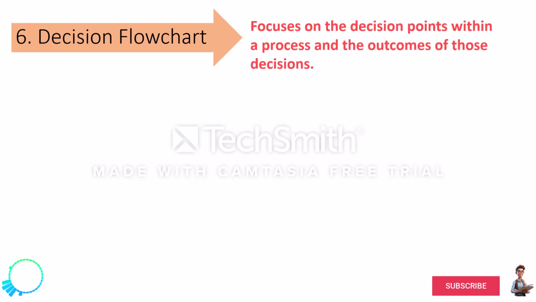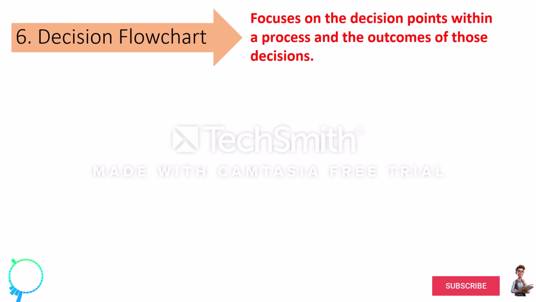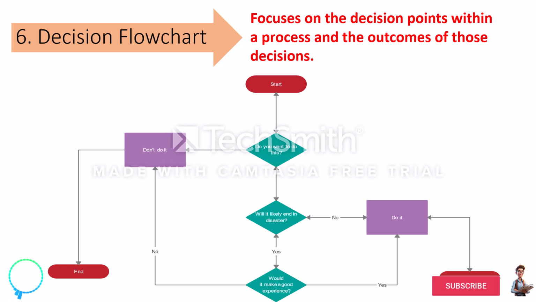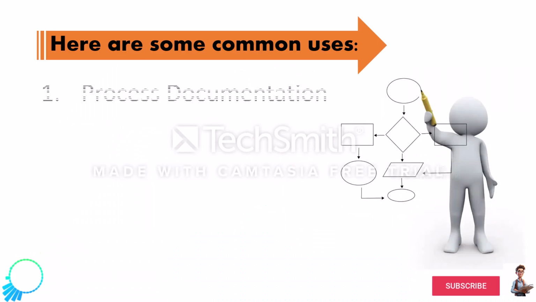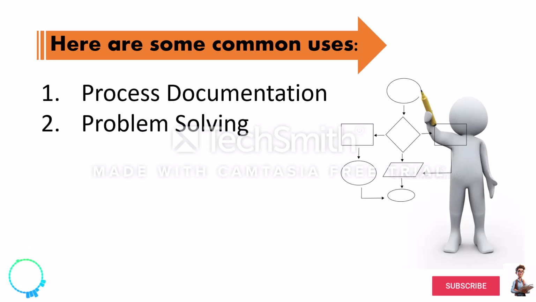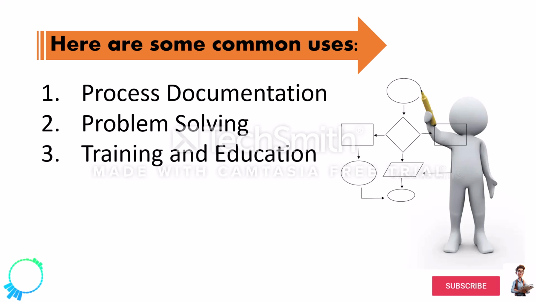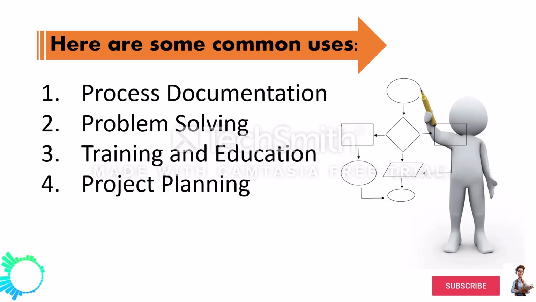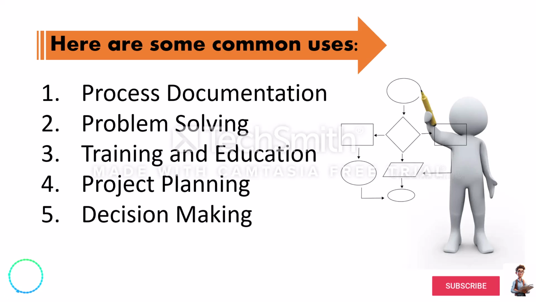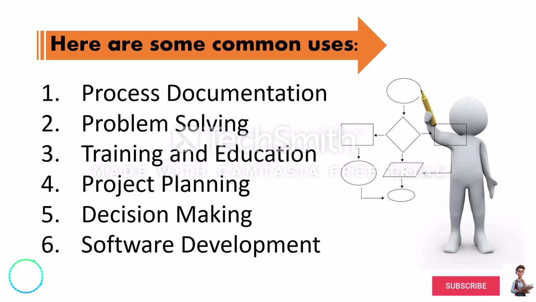This one focuses on decision points within the process and the outcome of these decisions. So this one is a decision. The outcome depends on the decision. The uses include process documentation, problem solving, training and education, project planning, decision making, and software development.